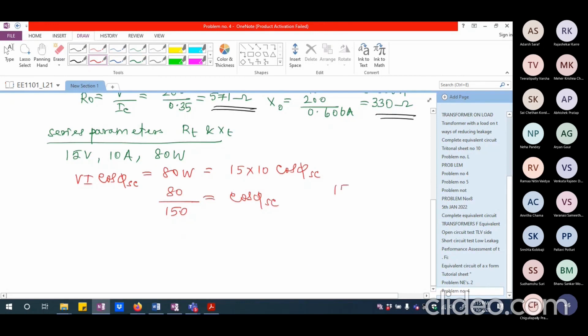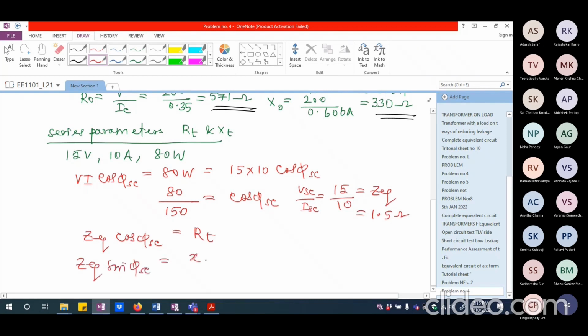And you can say 15 divided by 10 is going to be Z equivalent, which is 1.5 ohm. This is V by I. That is Z equivalent. Now I can say directly Z equivalent cos phi SC will give me RT and Z equivalent sin phi SC will give me XT.